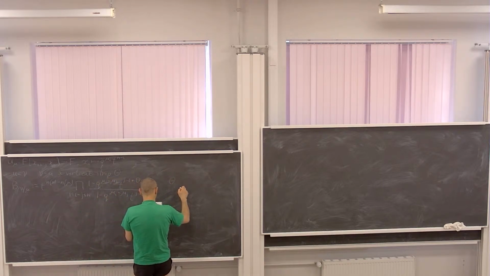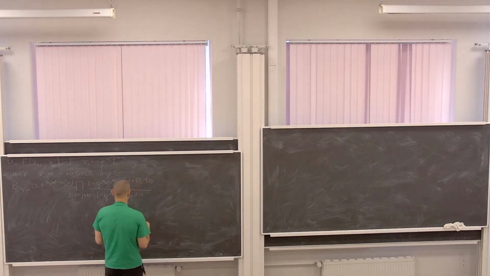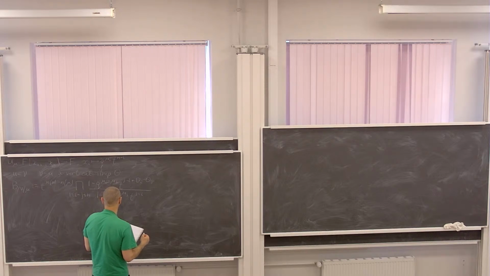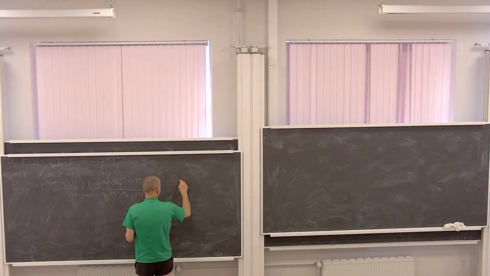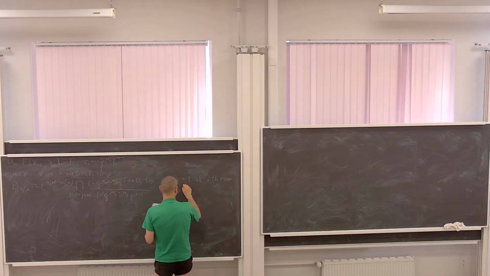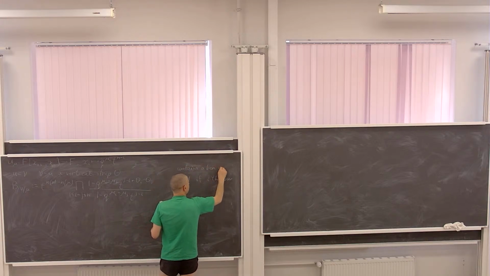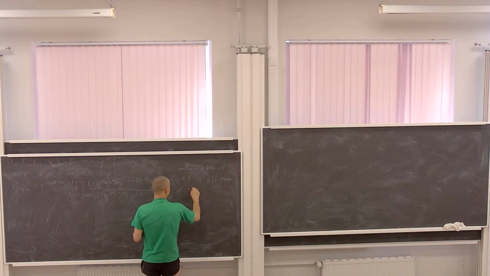And here theta i is 1 if the ith row contains a box of theta and 0 otherwise.